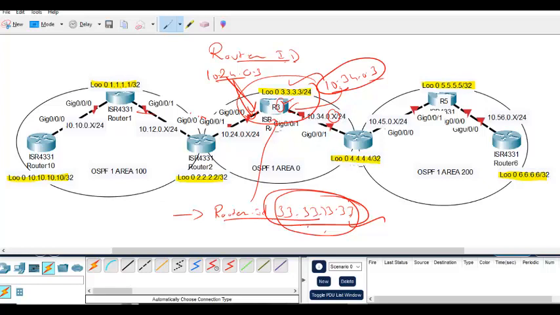Which address will be taken as the router ID? Exactly. If you have two loopback interfaces on the same router, the biggest IP address will be taken as the router ID. The biggest IP address.